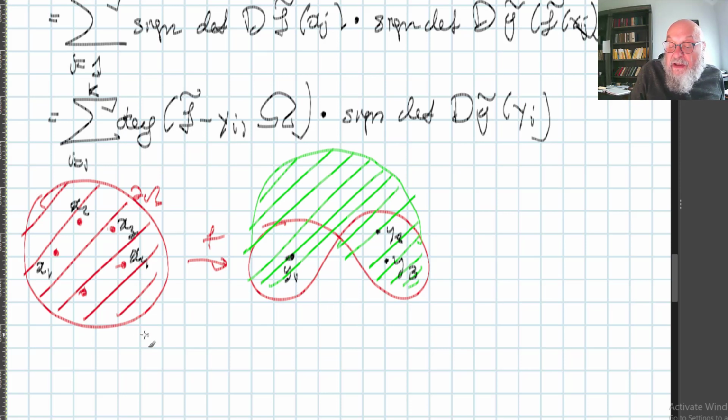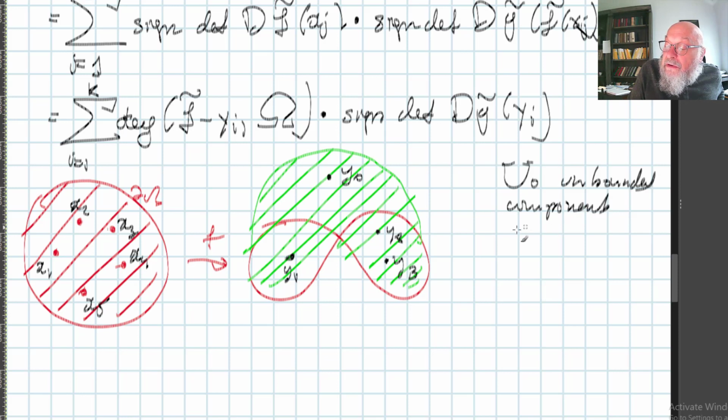I put here y0, this looks like a different point. This is possible, so we will denote u0 the unbounded component of the complement of f of omega.